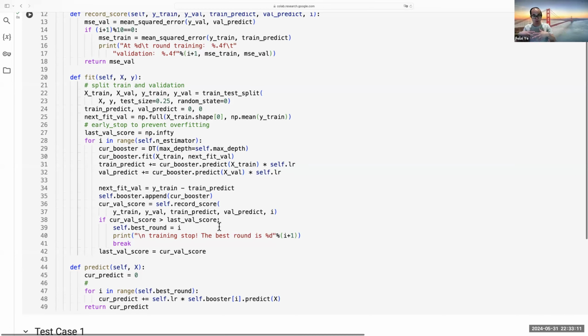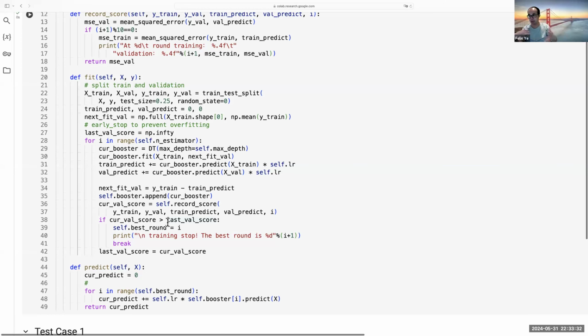You should always keep a validation data set for validation testing, and you should stop if you see the validation error start to increase. Then training stops and you just cut off.